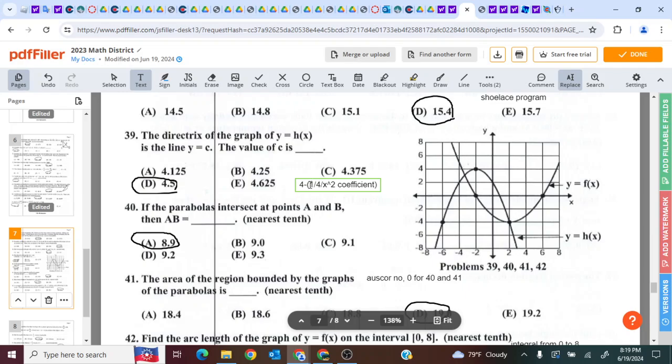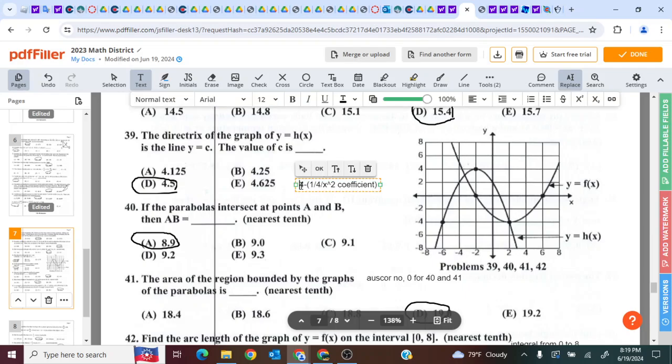So the directrix of that line would be your vertex minus 1 over 4 times the coefficient you got, so -0.5. And if you do that, you get a value of c of 4.5. This is the equation. Basically, the equation of a focus would be this added. Since the directrix is on the bottom, or is the opposite, you subtract it instead. And this is basically the equation for a focus and directrix.